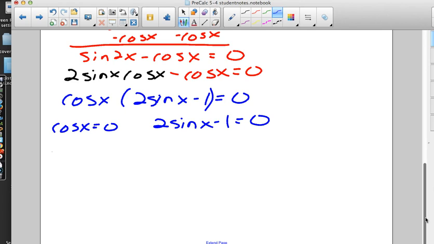So cosine x equals 0. Think unit circle. Cosine is always the x coordinate. So where is cosine 0 on the unit circle? Pi over 2 and 3 pi over 2. Straight up and down, right? 0 up, 0 down.